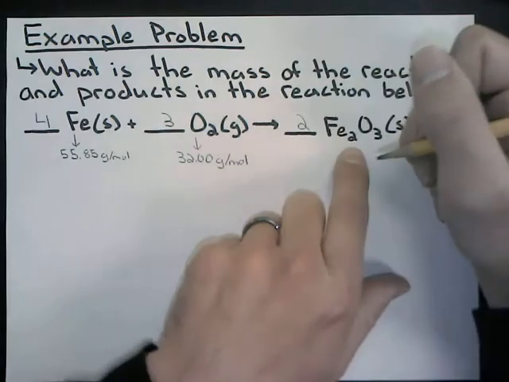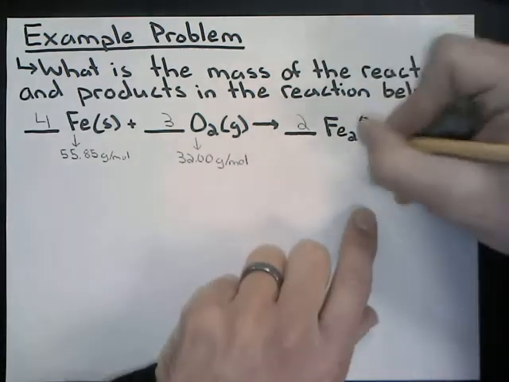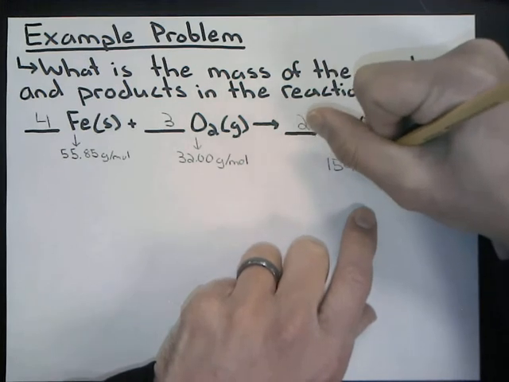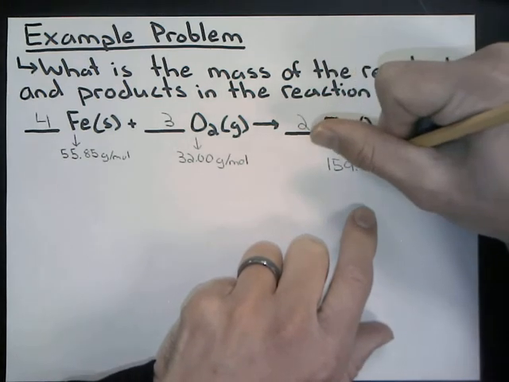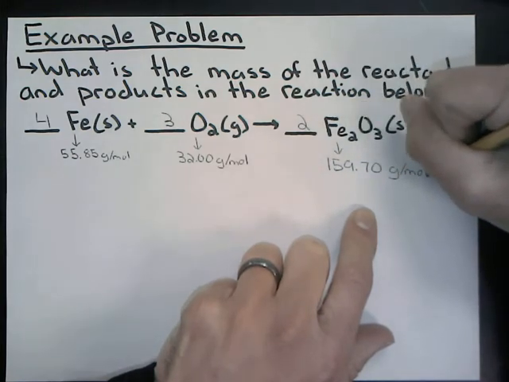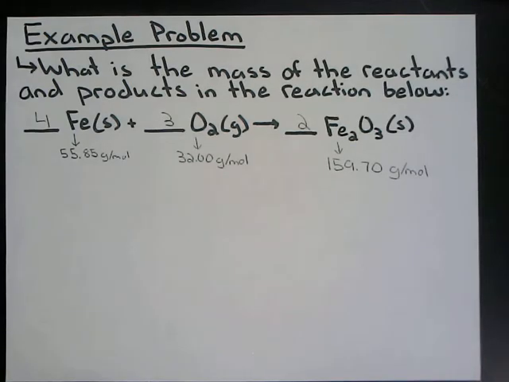And then iron 3 oxide has a molar mass of 159.70 grams per mole.